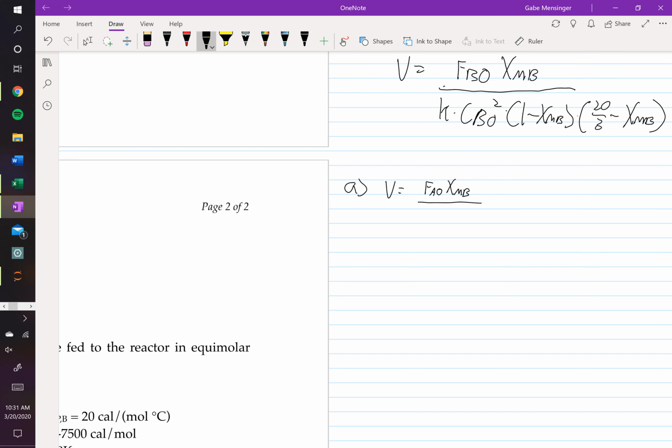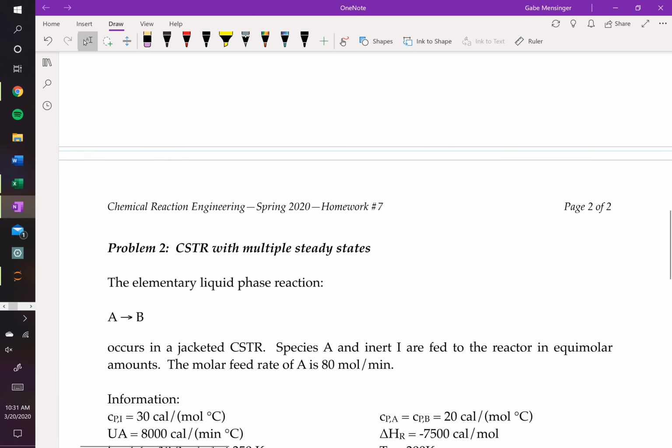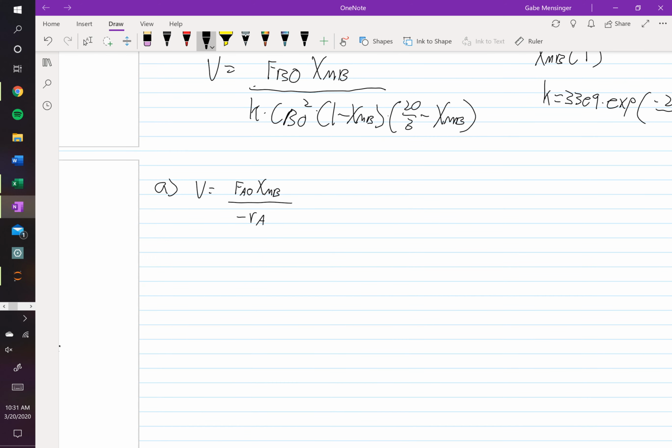The mass balance over minus RA. We're told it's elementary liquid phase, and it's just A goes to B. So minus RA is equal to K times CA.